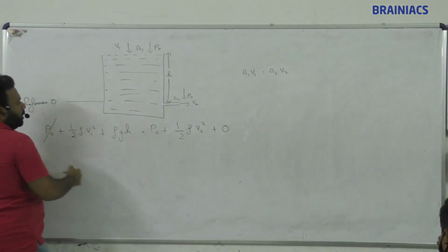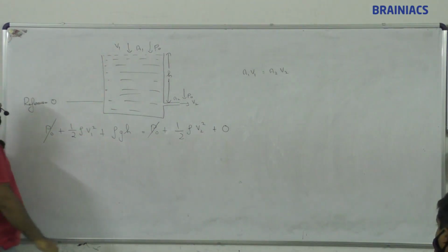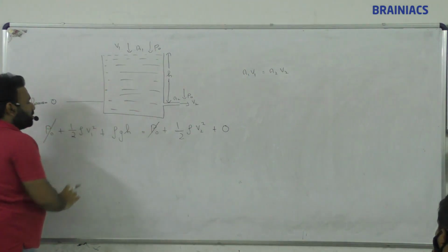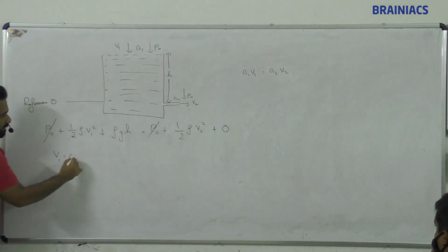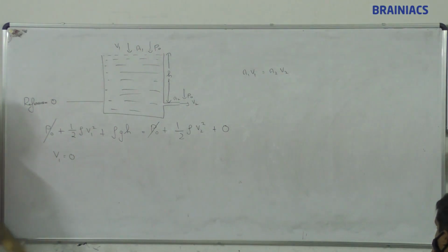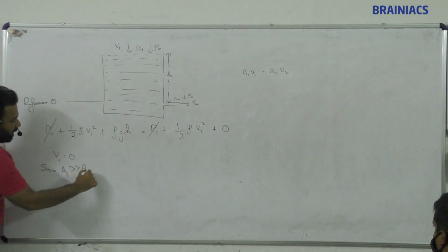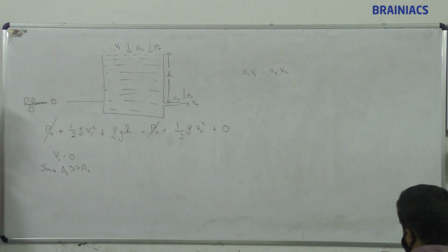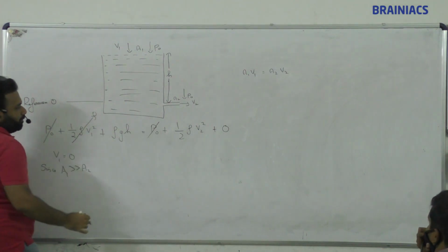So if I cancel P naught, and if I consider this velocity as 0, since A1 is very much greater than A2, then this term will vanish.